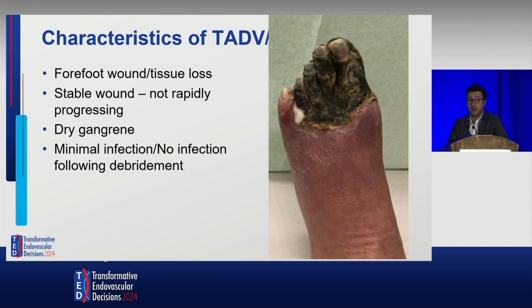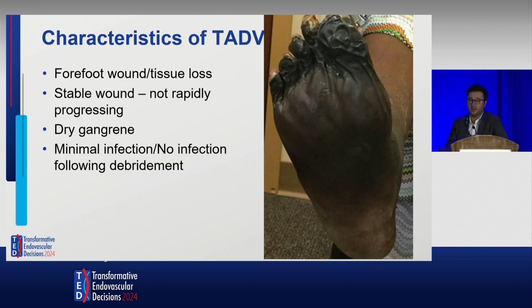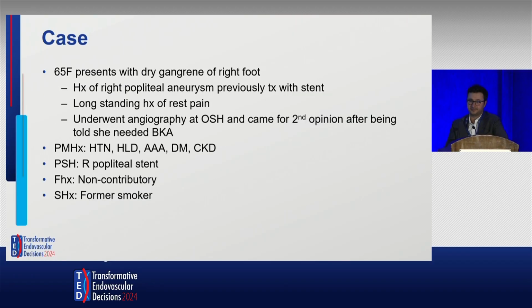This is someone that'll probably do okay with a PDVA or a TADV. But then when you deal with a foot like this, where the entire forefoot and almost up to the level of the calcaneus is gangrenous, these aren't patients who are going to do well with any therapy apart from major amputation.